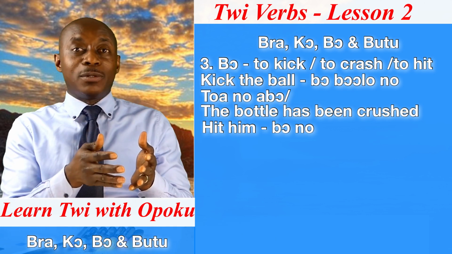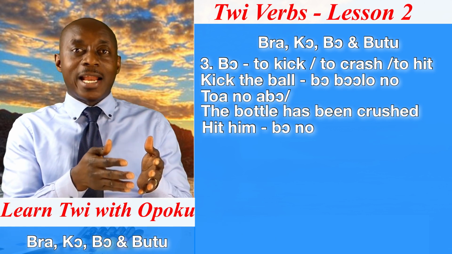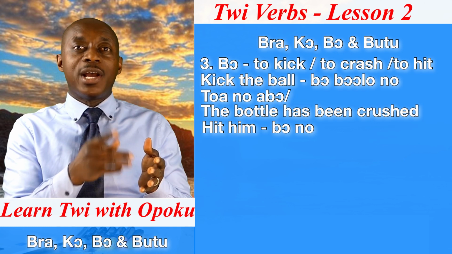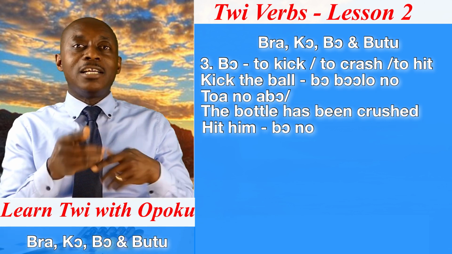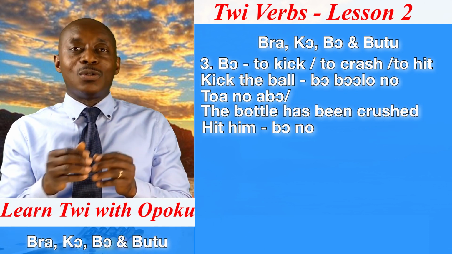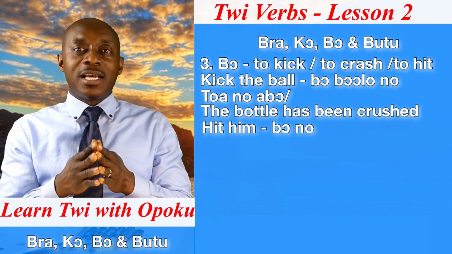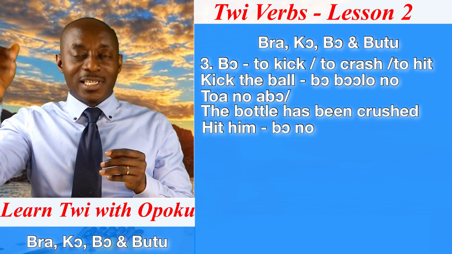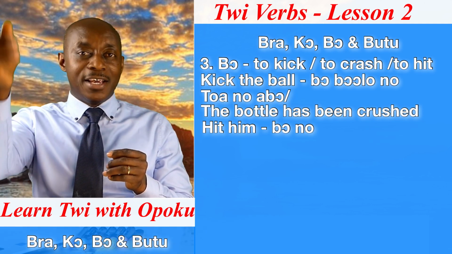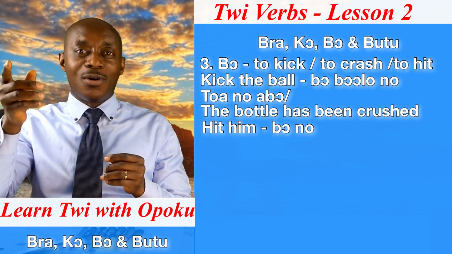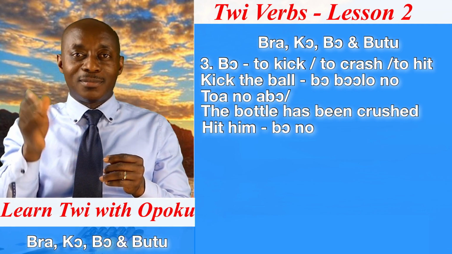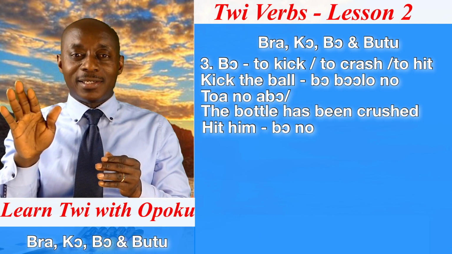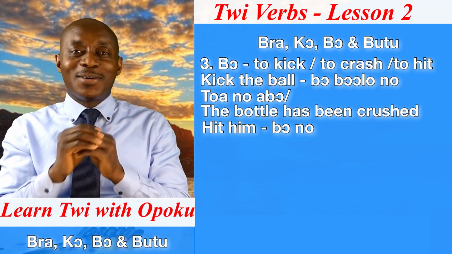The same thing happens to this Twi pronoun, ono, which stands for he or she. In the object position, it changes to no. So when we say bono, that is what? Hit him, or hit her. Bo, and that is what? To hit. Good.